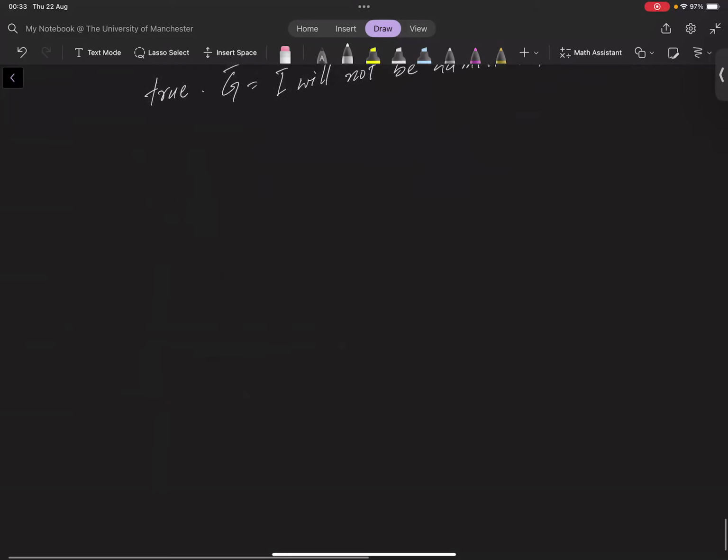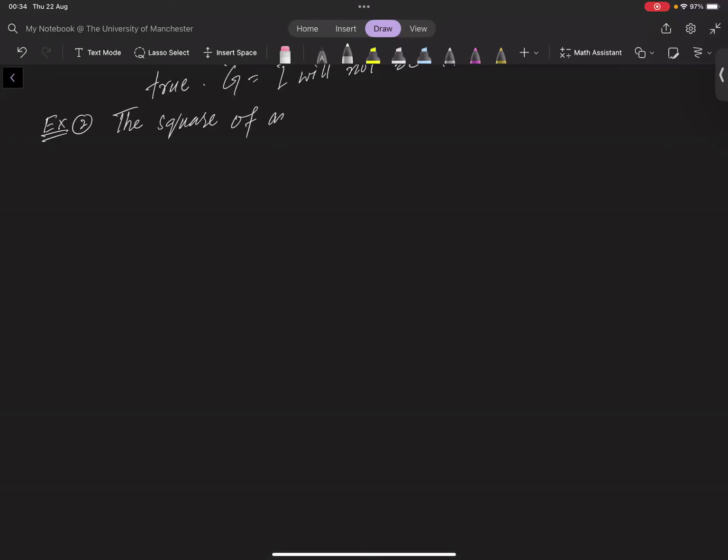Now let's talk about example 2. It says that the square of an odd integer is odd.